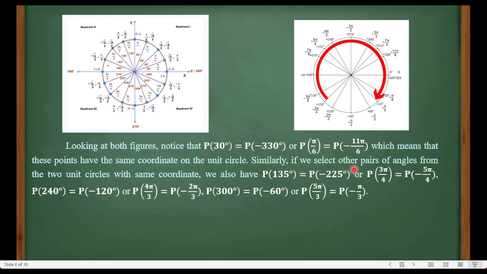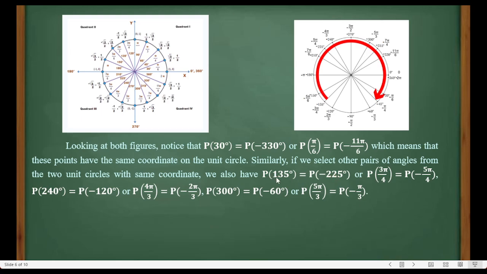Similarly, if we select other pairs of angles from the two unit circles with the same coordinates, we also have P of 135 degrees equal to P of negative 225 degrees. So basically, these two angular measures, which are both in degree measures, are coterminal.